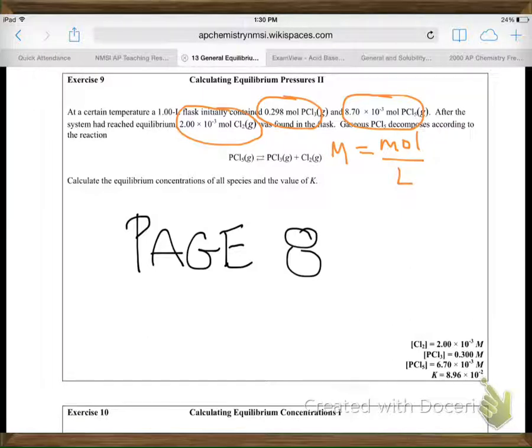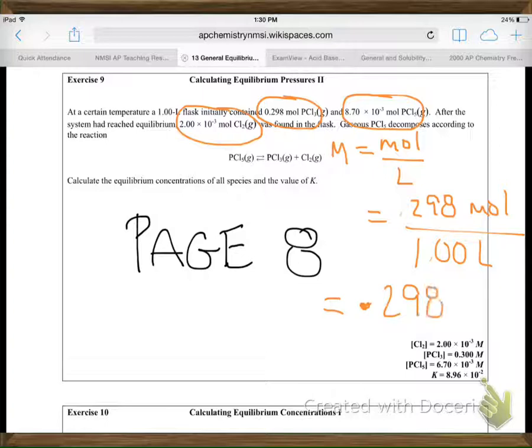Simply enough, this problem gives us a good number. If we look at the PCl3, it's going to be 0.298 moles over 1.00 liters, and we are looking at 0.298 molar. And we're going to use that value, and we're going to use the same values here and here as well on the next page.